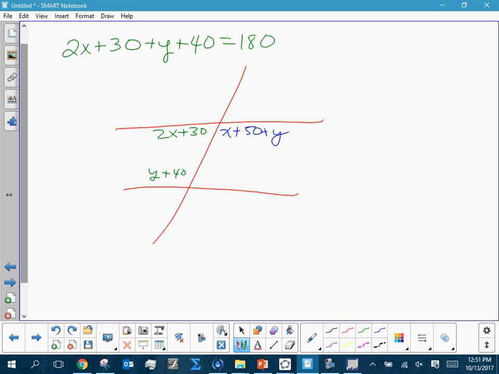Now what would be the relationship maybe between those two? Supplementary. Okay? What would be maybe a relationship between those two? Alternate interior. So you can create an additional equation, and there might be multiple additional equations, but as long as you can create one that you know to be true, now you've got a second equation with two variables, right?